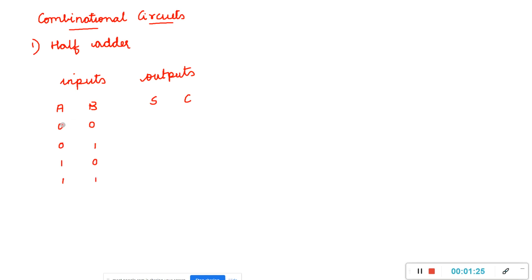Now 0 and 0 gives sum 0, carry 0. Next 0 and 1, sum is 1, carry is 0. 1 and 0, sum is 1, carry is 0. 1 and 1, sum is 0, carry is 1.